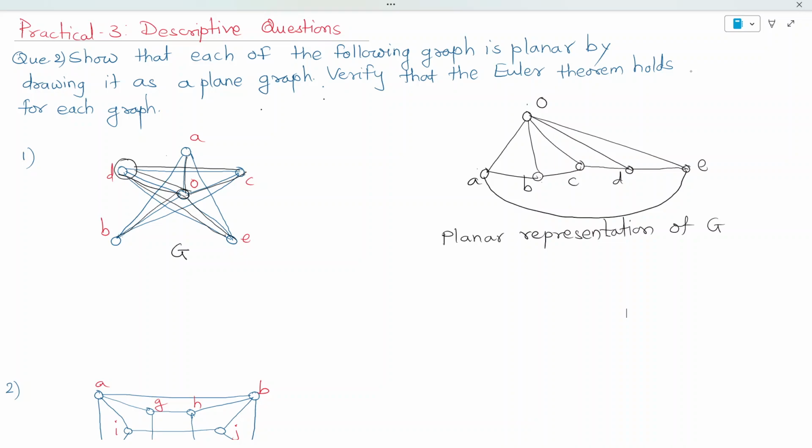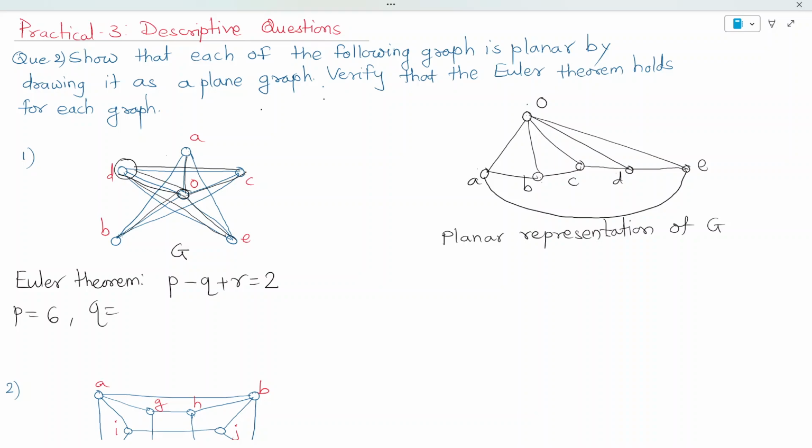We have to verify Euler's theorem. For that we have to count the number of vertices. What is Euler's theorem? For any simple planar connected graph, P minus Q plus R is equal to 2. Let us count the number of vertices, that is P. There are 1, 2, 3, 4, 5, 6 vertices.